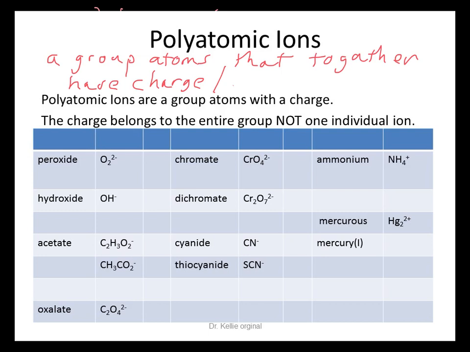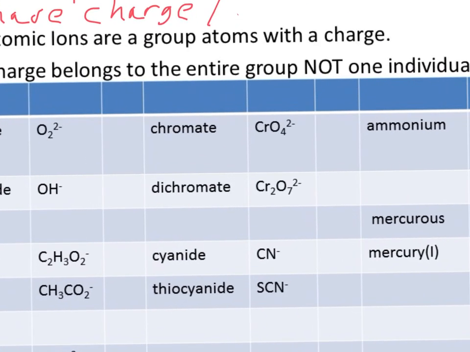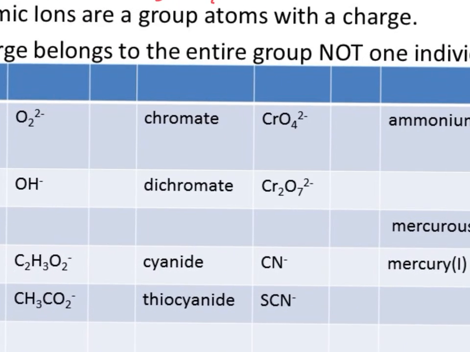Let's take a look at chromate. Chromate is CrO4 2-. What that means is that when we have that chromium atom bonded together with 4 oxygen atoms and 2 extra electrons, they have a charge of 2-.